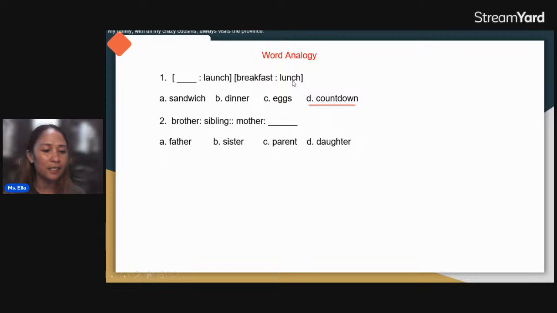Okay, let's continue. How about number two? We have brother to sibling and mother to blank. Is it A, father? B, sister? C, parent? Or D, daughter?